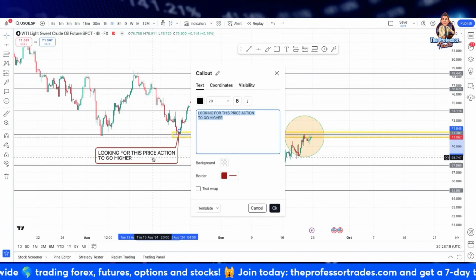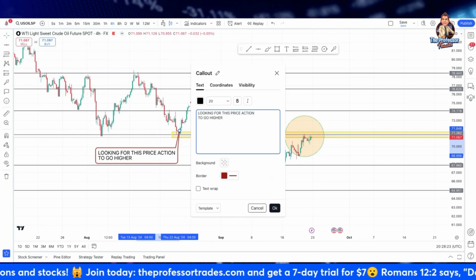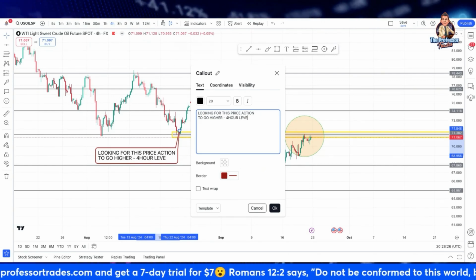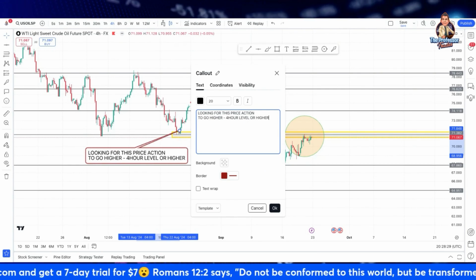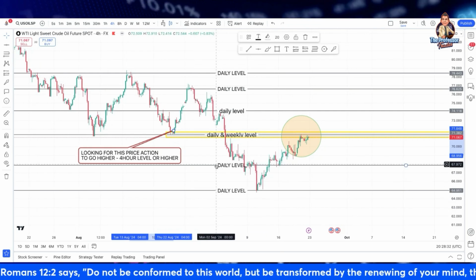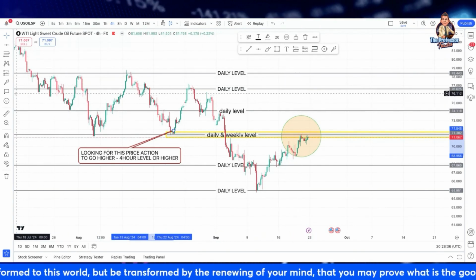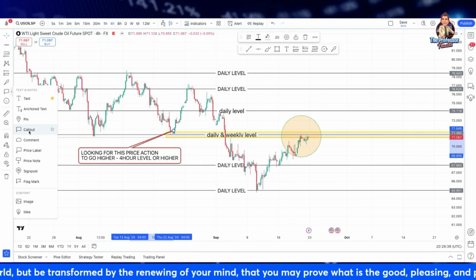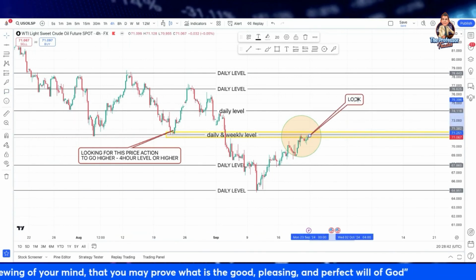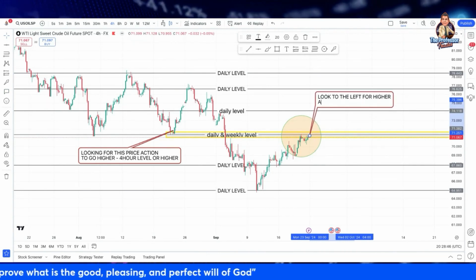I'm going to add that here, because if not, you can get a false reading on a 15-minute or even the 1-hour to go higher. If it's going to happen on the 4-hour, it's also going to happen on the 8-hour and so on. So we are looking for this over here if we are going to take price higher. Look to the left for higher analysis.